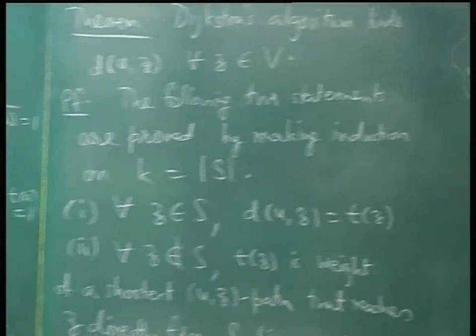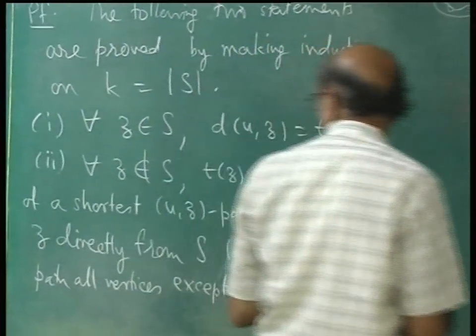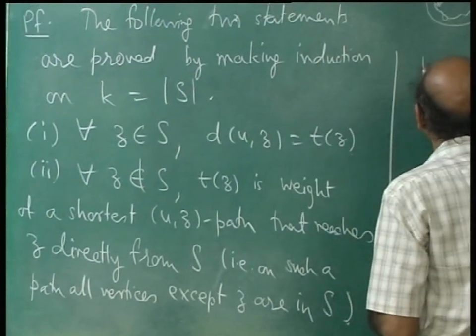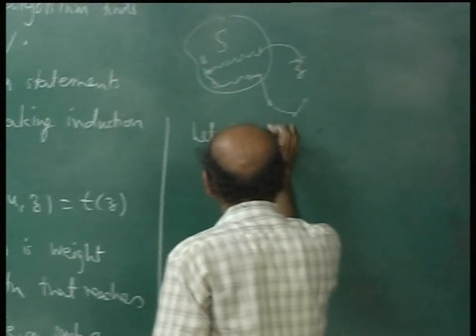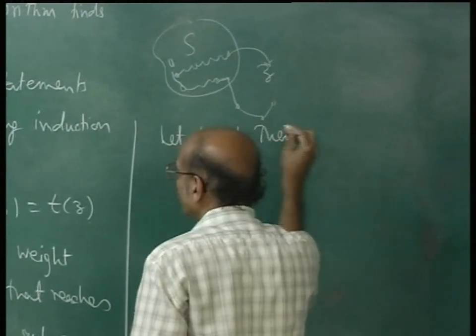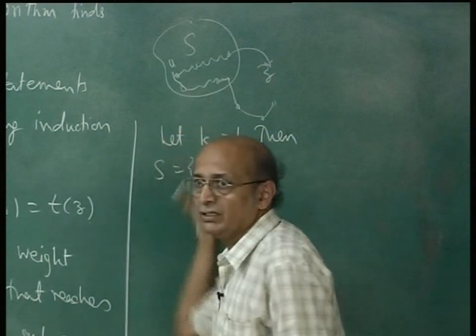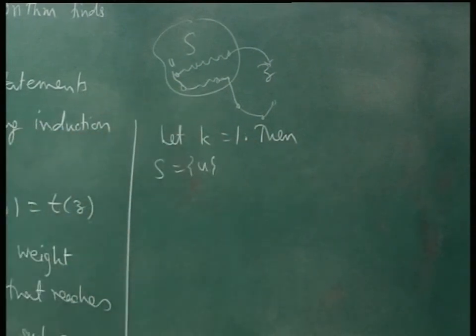Proof. So let's prove this. What happens when K is equal to 1? This was our initialization. There is hardly anything to prove here.